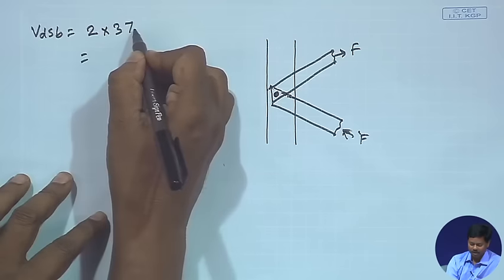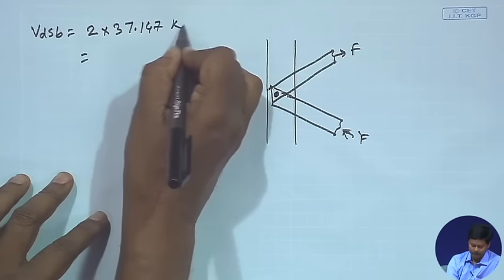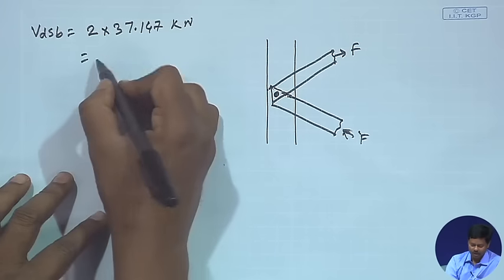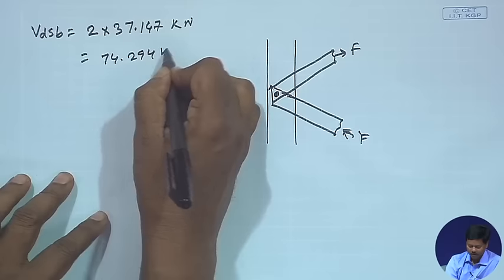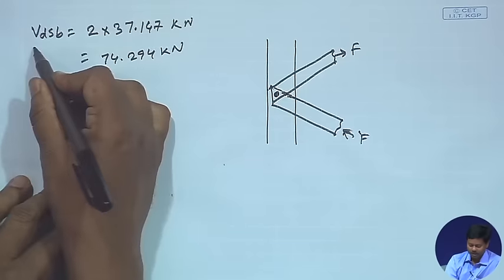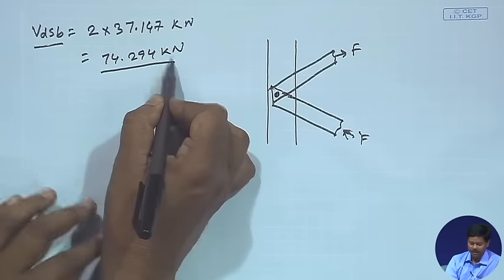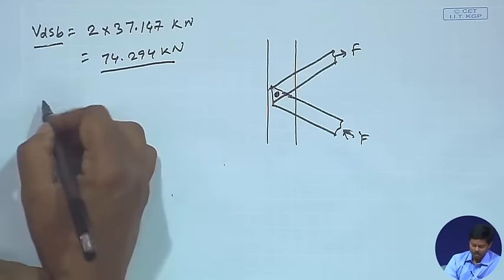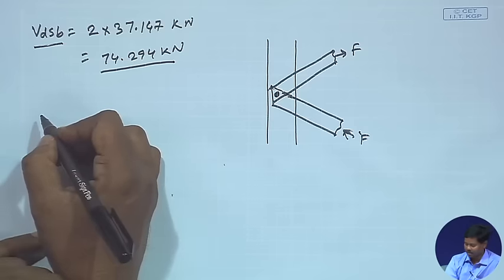So, 37.147 kilonewton, right. So, this is becoming 74.294 kilonewton, because in this case it will be under double shear, right. Now, strength in bearing will be the same.